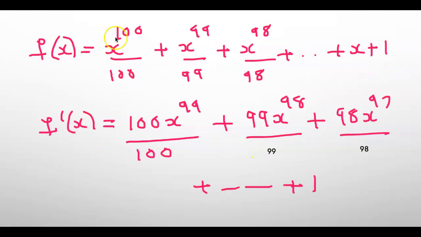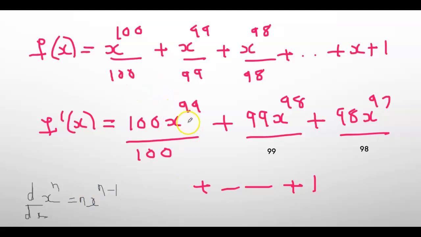So this is your f(x). f dash x will be 100 x raised to 99, because I am making use of the fact that d dx of x raised to n equals n x raised to n minus 1, where n is an integer.